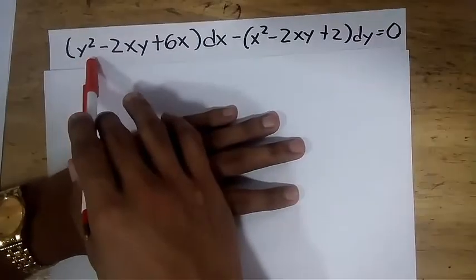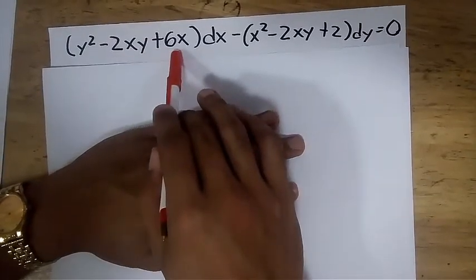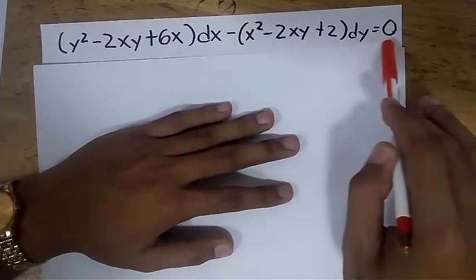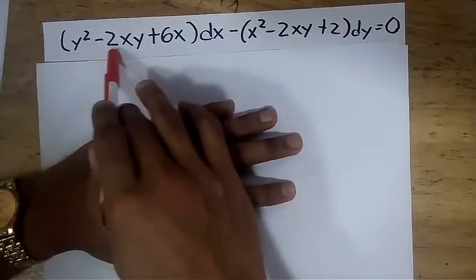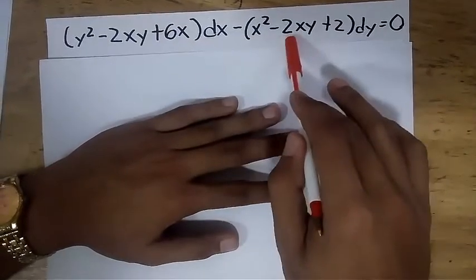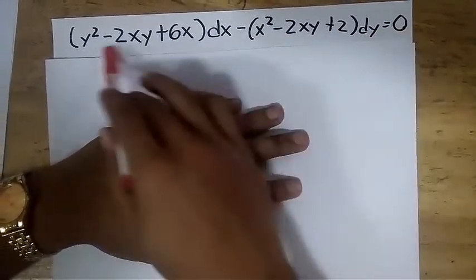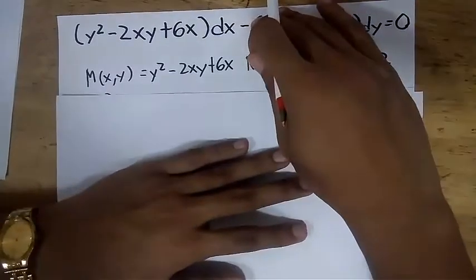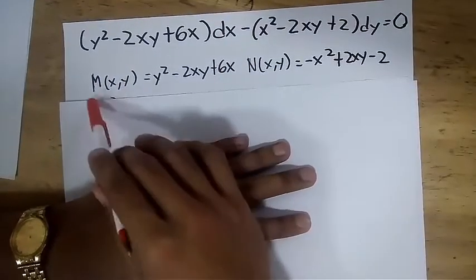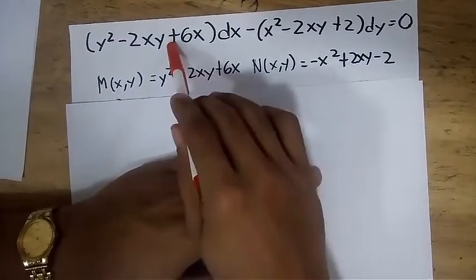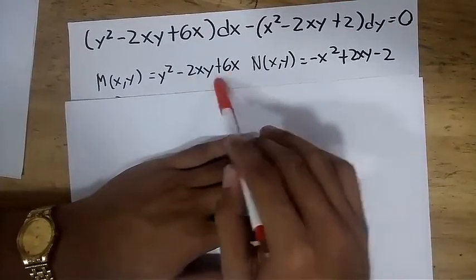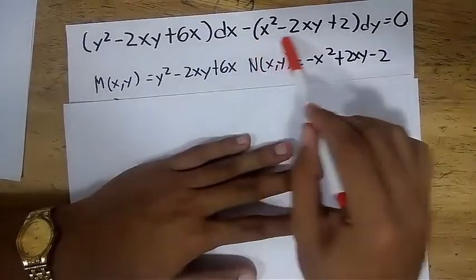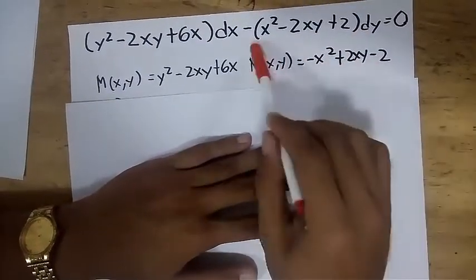So for an example of an exact differential equation, we have the given y squared minus 2xy plus 6x times dx minus x squared minus 2xy plus 2 times dy equals 0. So let's find what M and N are. M is equal to y squared minus 2xy plus 6x, and N is equal to negative x squared plus 2xy minus 2.